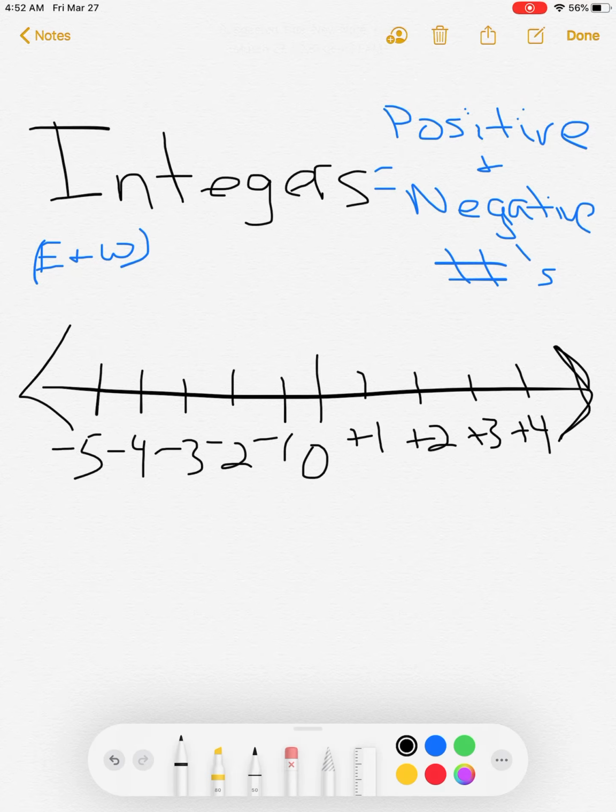So the thing I want you to remember about those number lines that flow east to west or left to right, positive numbers are plotted on the right side, negative numbers are plotted on the left.